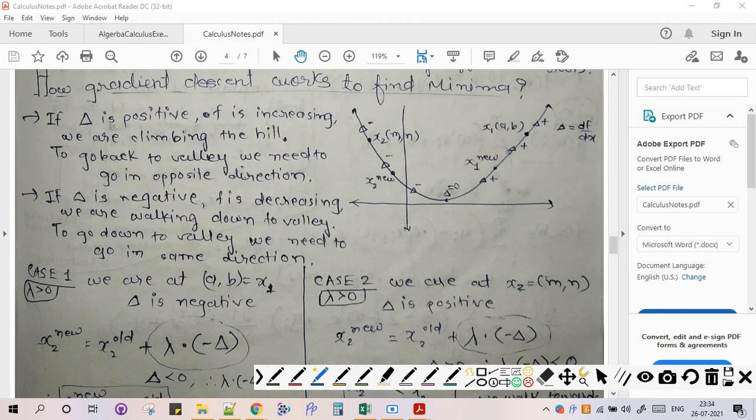So we are pulling it back down, like a lag, with this negative sign. And if it is decreasing, then we welcome it by the negative sign. Negative negative would be positive, so we are welcoming it towards the minima, right? So it is true for each and every case.